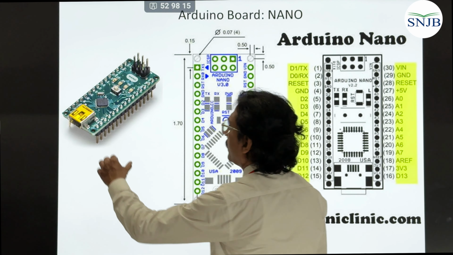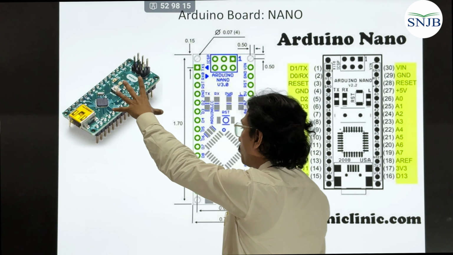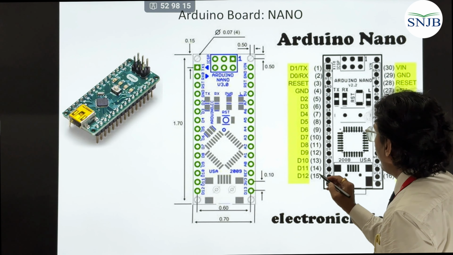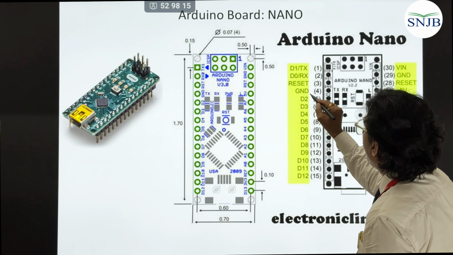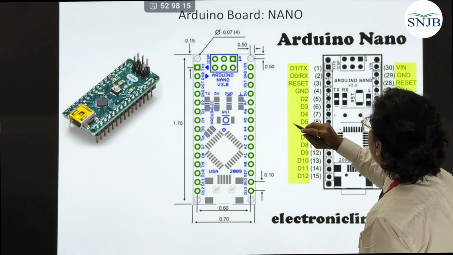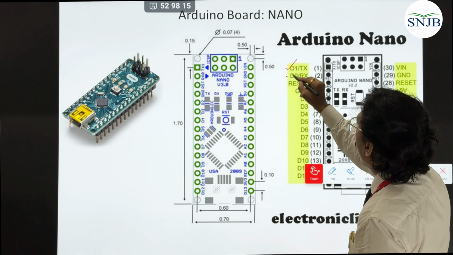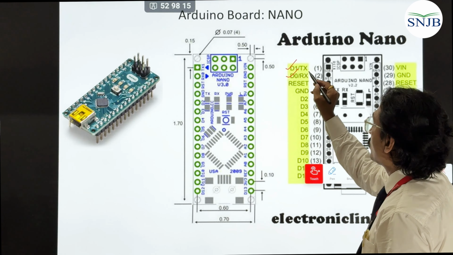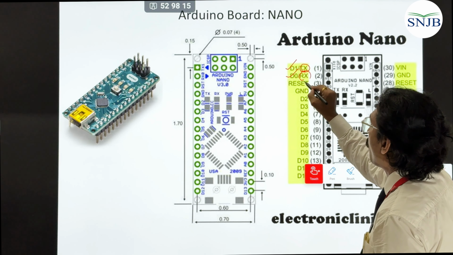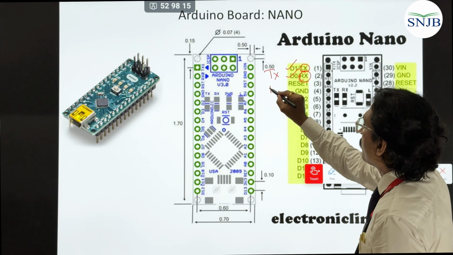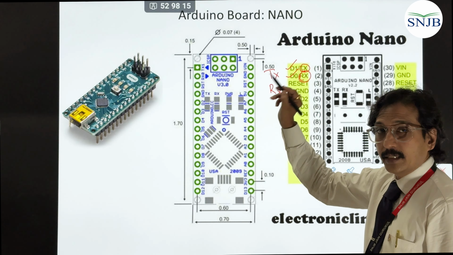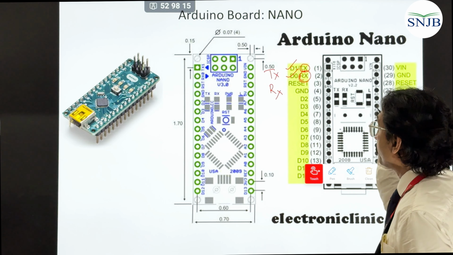See, you can see that this is a very small board. It is also having digital pins. This is digital 0, digital 1, but simultaneously it also has the transmitter and receiver pins on D0, D1. Those are multiplexed.